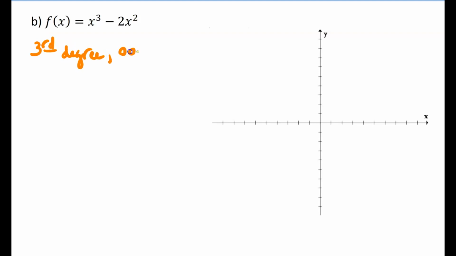So again, that makes it odd. Positive or negative lead? Positive lead. Okay, so again, since it's odd and positive, we know the right tail should go upward and the left tail down.